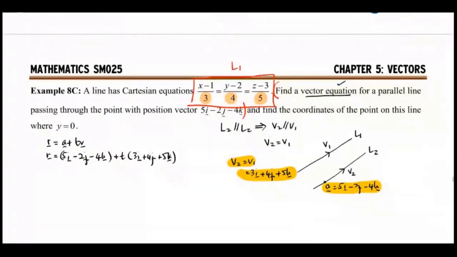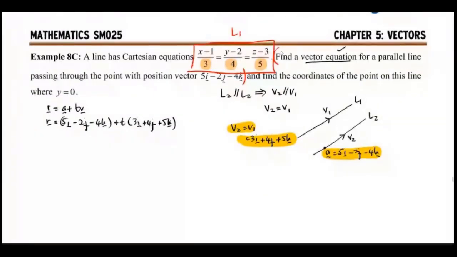Now find the coordinate of the point on this line where y equal to 0. When it gives y equal to 0, you have to change from the vector equation to the parametric equation, so that we can have y as the subject.